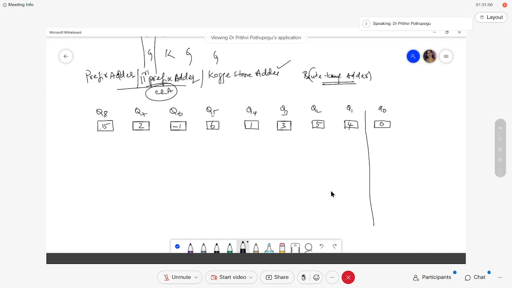The concept is to do the addition of Q0 to Q8, and Q8 stores the result of the addition of all 9 values. So what is the result? Actually, it should be 4 plus 5, 9 plus 3, 12 plus 1, 13 plus 6, 19 minus 1, 18 plus 2, 20 plus 15, 35. So 35 should be there in Q8 after I do the addition operation.